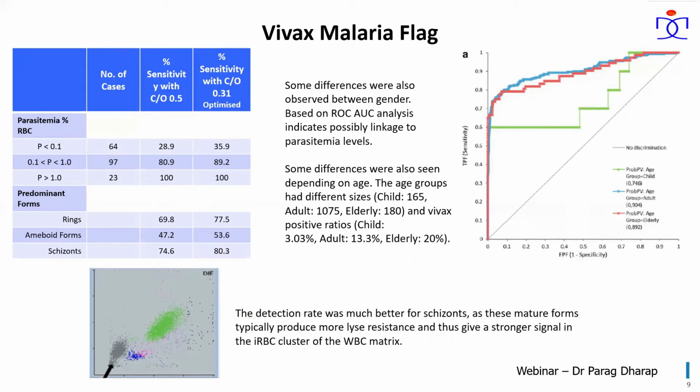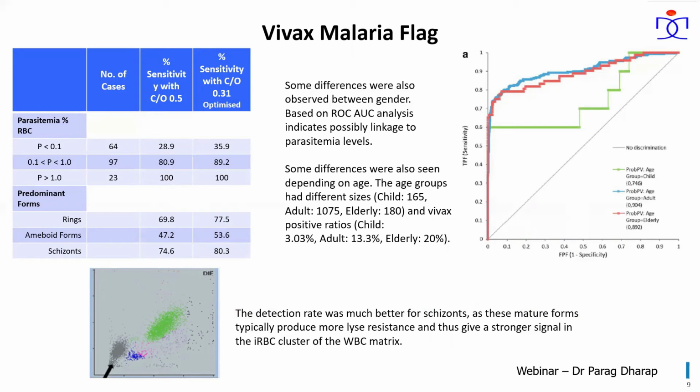So the detection rate was much better for schizont, probably as mature forms typically produce more lyse resistance in RBCs and thus give a stronger signal as an abnormal infected RBC or IRBC cluster in the WBC matrix.